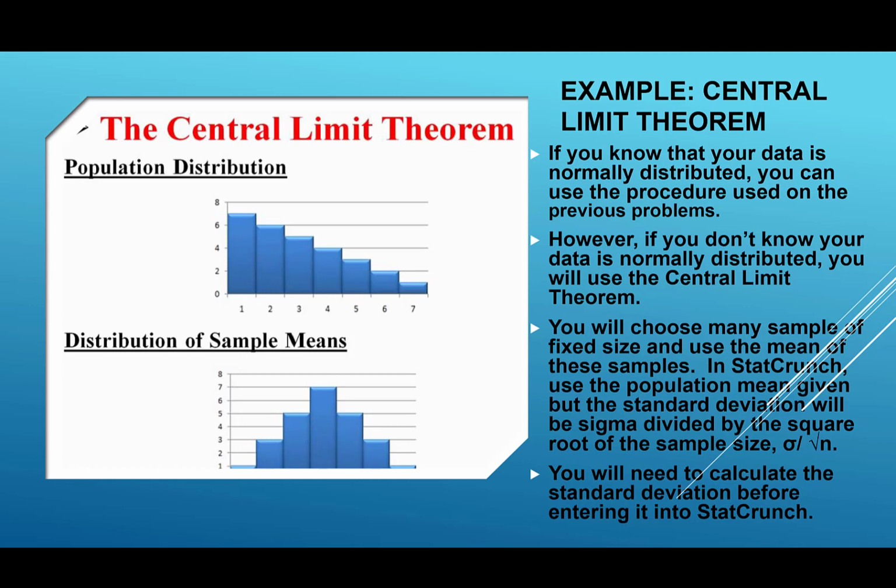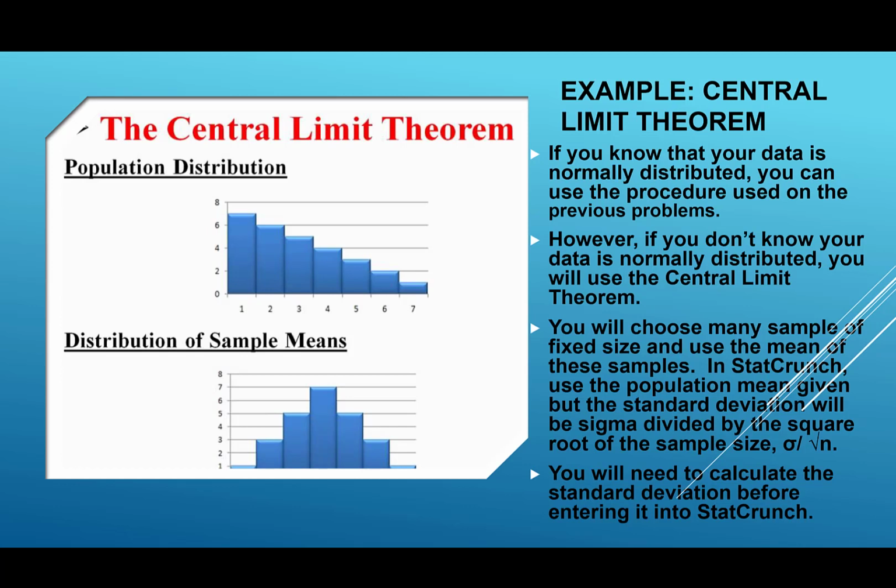However, if we know that we can find sample sizes large enough, we can use the normal distribution. So what we would do is we would take many samples of a fixed size, and we would find that the higher the number of samples, the closer we are to a normal distribution, even if the original population distribution was not normal.